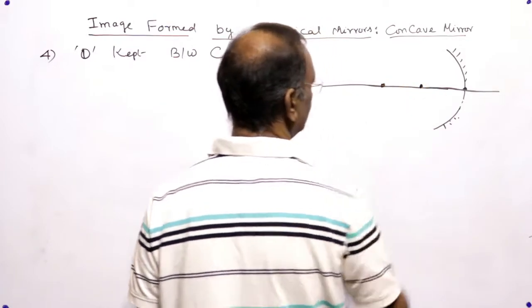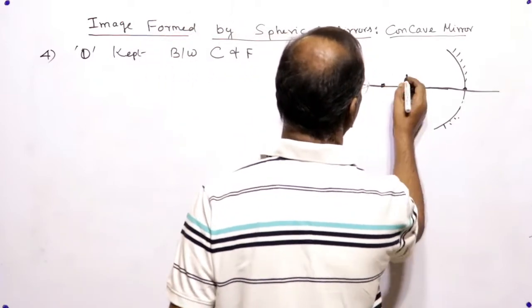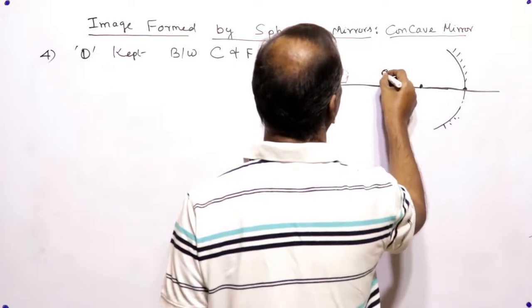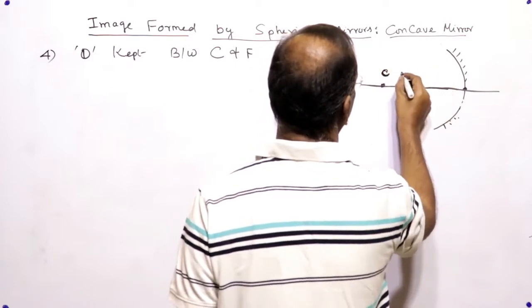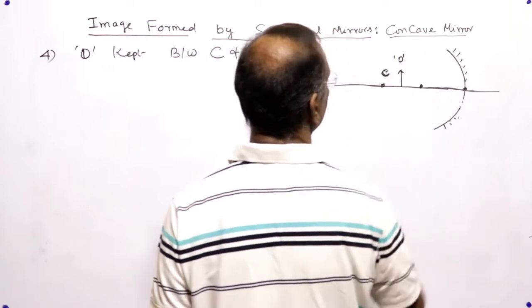This is the center of curvature. We are keeping the object between C and F. This is C, this is F. So we keep the object like this.